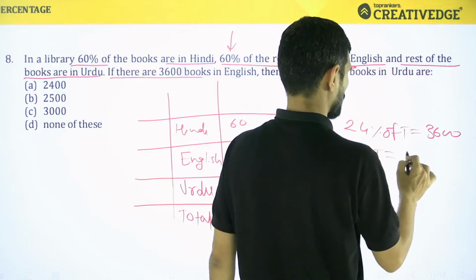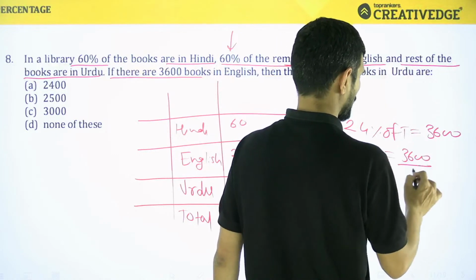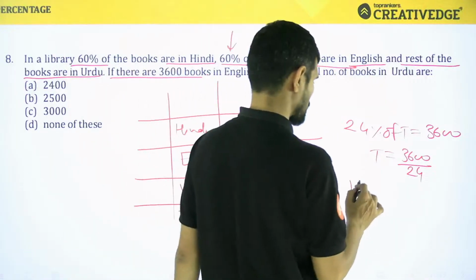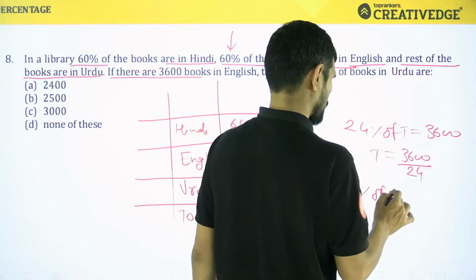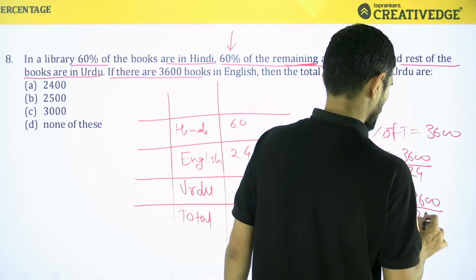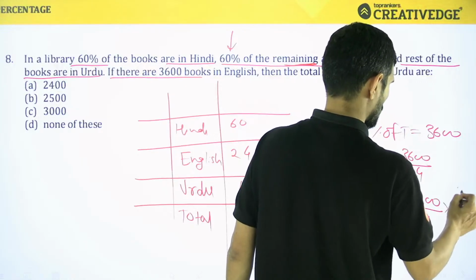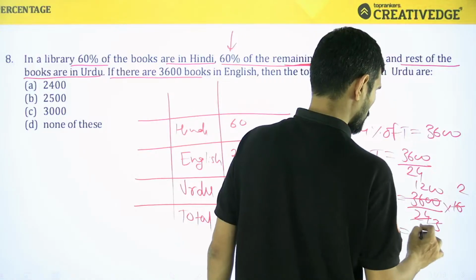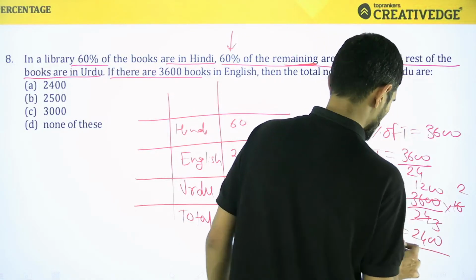So total will be 3600 divided by 24, and we need to find out number of Urdu books, so that is 16% of total. So that is 3600 divided by 24 into 16. 16 2 times, 3 times, 3 से यहाँ cancel करते हो, this becomes 1200. So final answer is 2400.